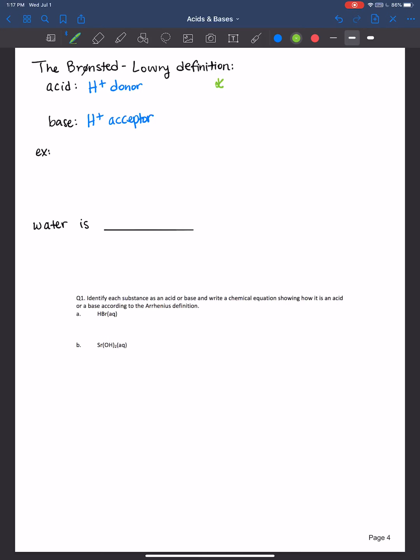Especially at first, you're like, what is going on in this beaker here? At first you might not be quite sure. Now, my biggest piece of advice, in my experience of being a student and teaching for many years, is that knowing the definitions will help you predict the products of the reactions.